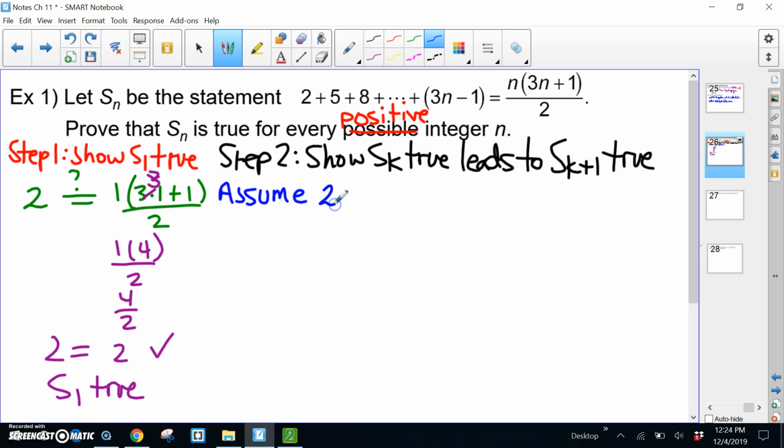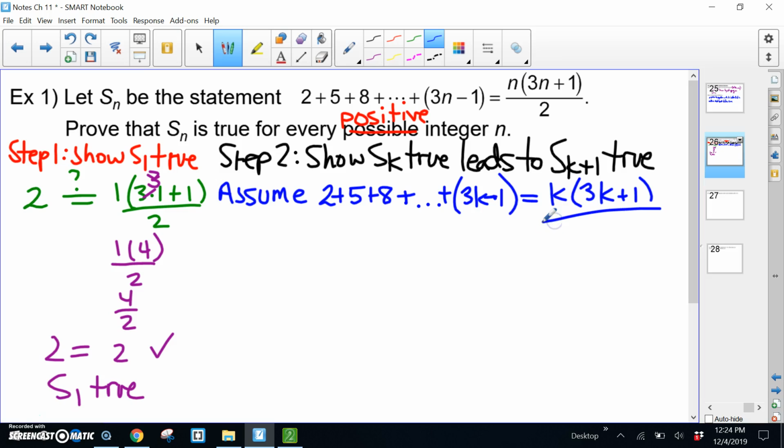You would see 2 plus 5 plus 8 plus ... plus 3k minus 1 equals k times 3k plus 1 over 2. All right. So I'm assuming that's true. I'm starting with that assumption. I'm saying that there's some domino off in the distance that falls down.